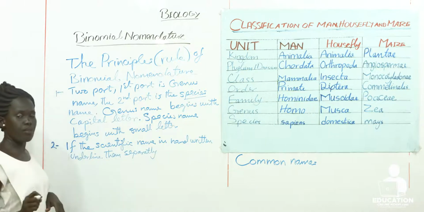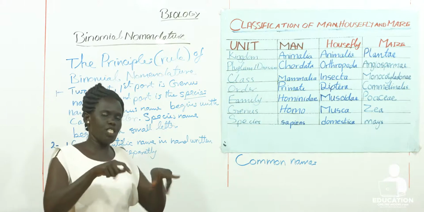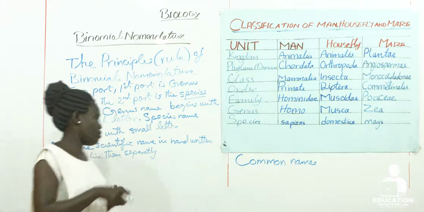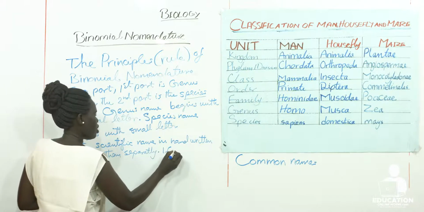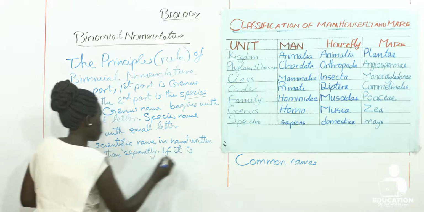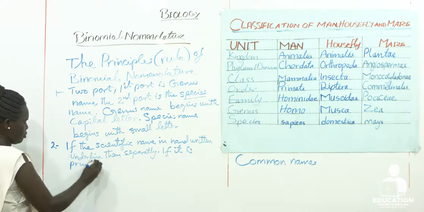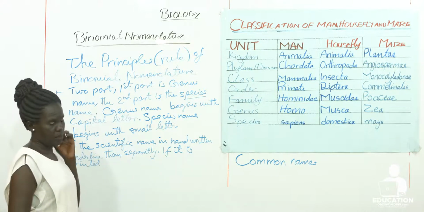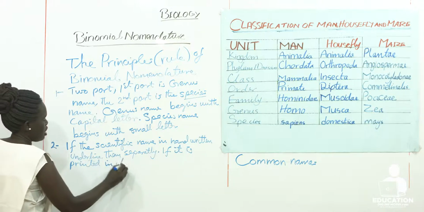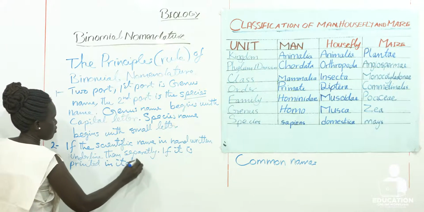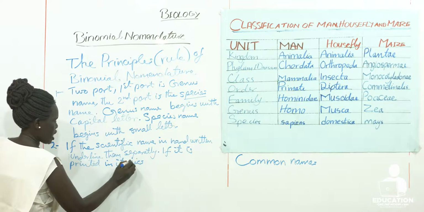If it is handwritten. But if you are typing it, that means printing it in a book, it should be in italics. If it is printed, that means if you are typing it and it is to be printed, it should be in italics.